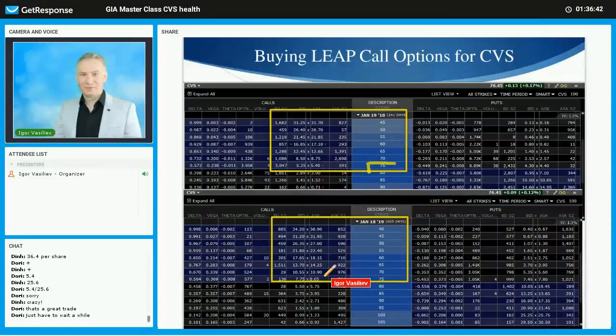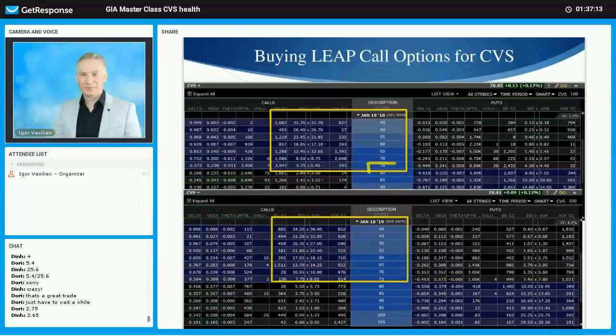So what we can do is go for a longer term, and we can get it at $8.05. So now what's the difference here? If we get 75 and we pay here $8.05, what's the difference? $5.65, right?